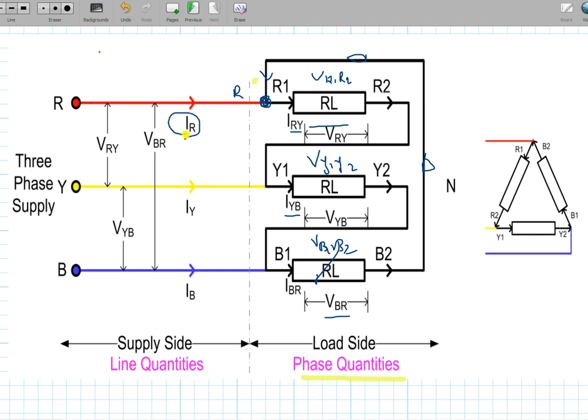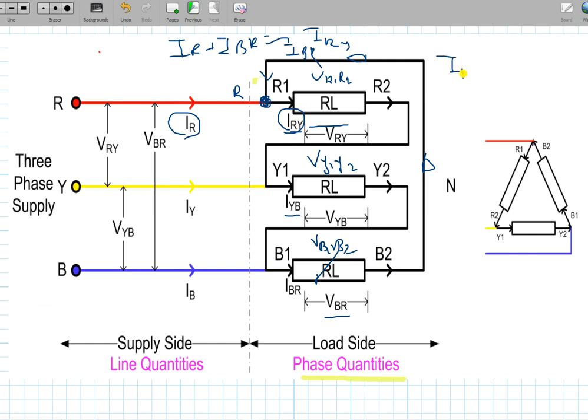So can you say IR is equal to IRY? Obviously not, because this is an incoming current and this is also an incoming current. So IR plus, what is this current? IBR, because it is coming from the B phase towards the R phase. So IR plus IBR, the sum of incoming currents, is equal to the outgoing current, IRY.